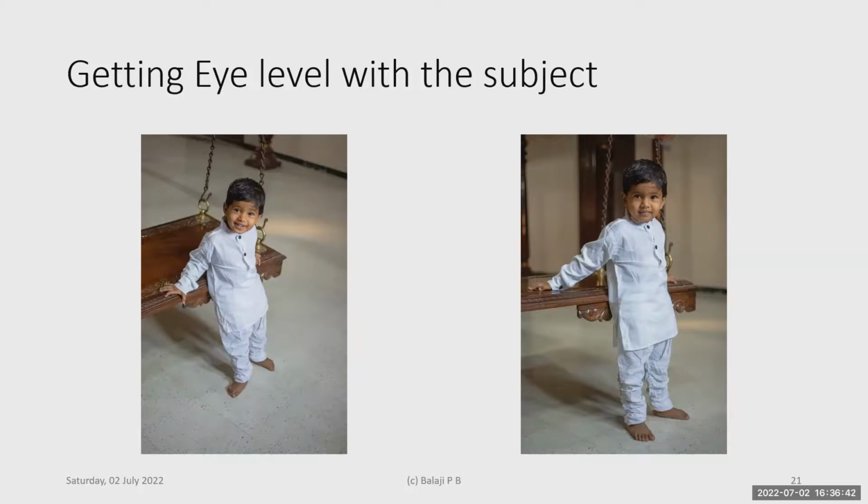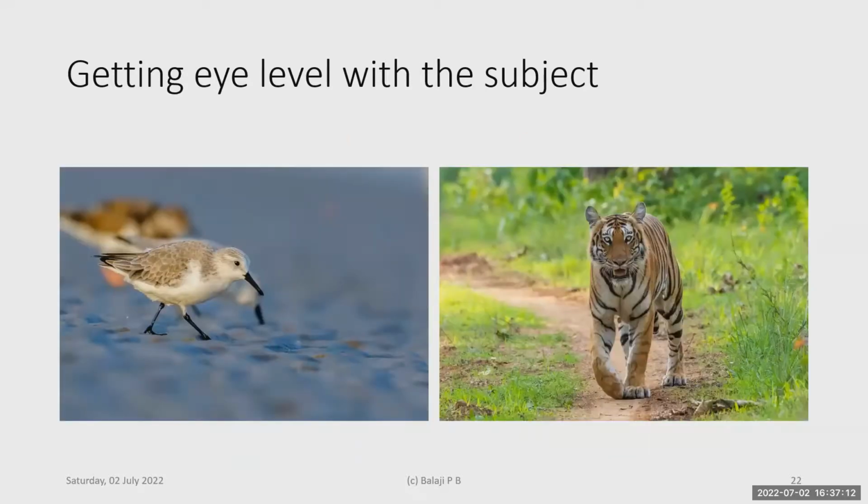When you get to eye level with the subject, you're able to transport the viewer of the image to the world of your subject, and the perspective it gives is a very pleasing result. And it's not only true with people, it's also true with wildlife and birds.